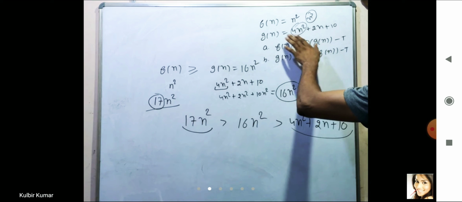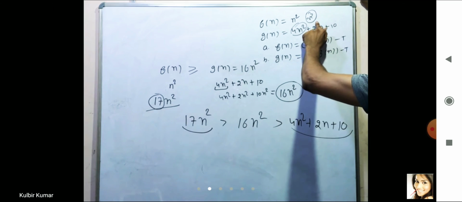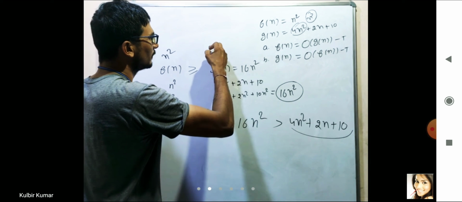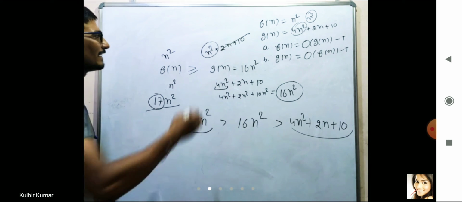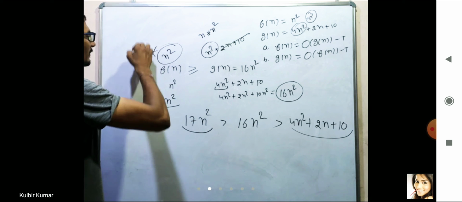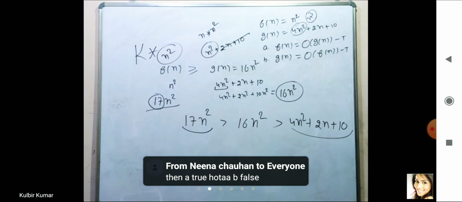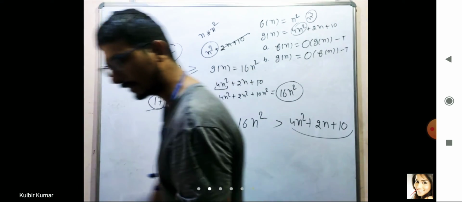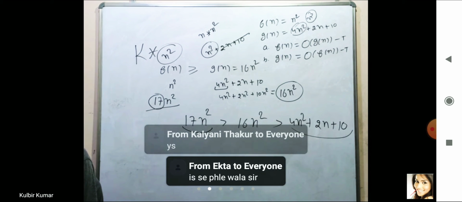Let us assume that I am saying that कि 4n square की जगह n cube होता तो क्या हो जाता? तो ये फंक्शन क्या होता है? n square ना, और ये फंक्शन क्या हो जाता है? n cube plus 2n plus 10. तो चलो बाकी सबको डिस्कार्ड कर दो, सिर्फ n क्यूब को रख लो. n क्यूब क्या है? n into n स्क्वायर ना, और यहाँ पे क्या है? n स्क्वायर ओनली. अब इसे किसी भी कांस्टेंट k से मल्टीप्लाई कर दो, ये फॉरएवर ग्रेटर देन नहीं रह सकता n into n स्क्वायर से. तो फिर उस केस में हम नहीं बोल सकते थे कि g of n is order of f of n. Got it? Okay, उस केस में f of n is g of n, then a true होता, b false. Of course.